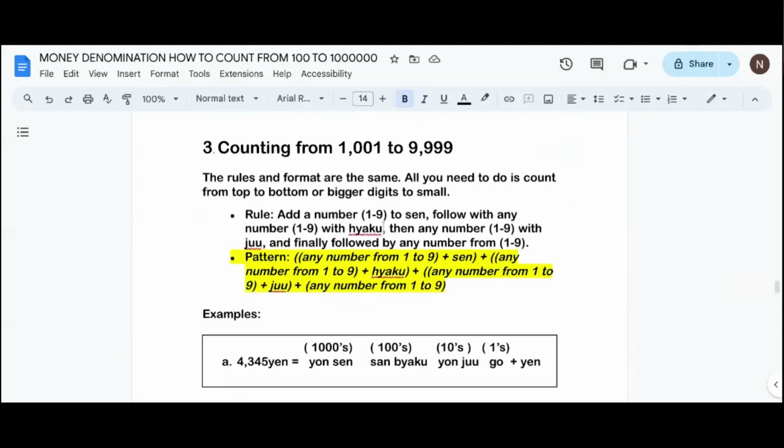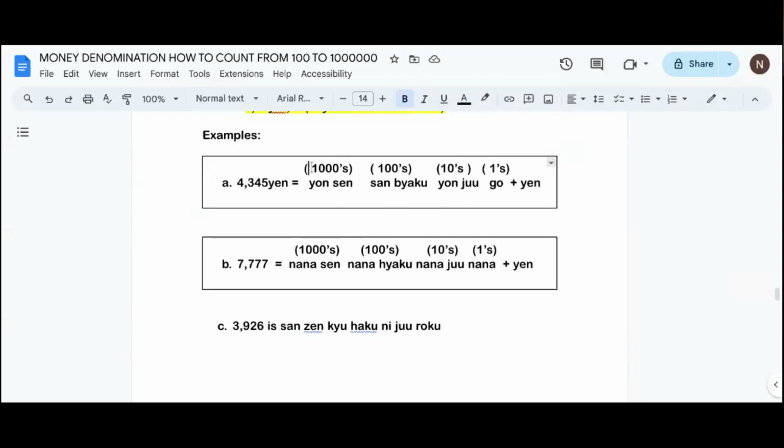And then for your 1,000 to 9,000, again, you count by thousand, count by hundreds, count by tens, count by ones. For example, 4,345 yen.